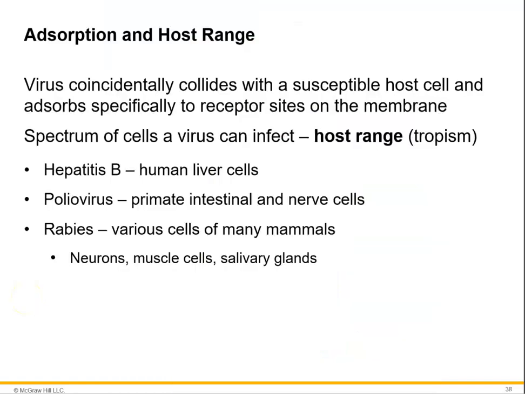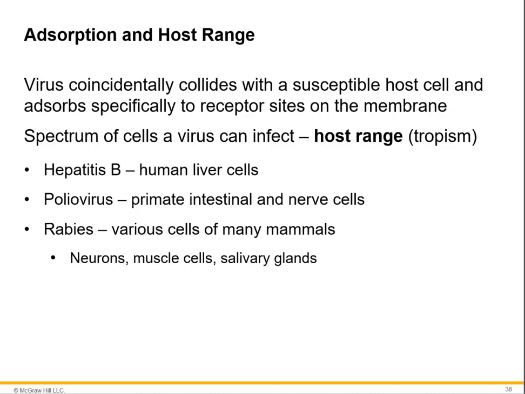Okay, so a little bit more about adsorption. This is going to happen when the virus collides with a susceptible host cell. And the receptors on that host cell are going to bind to the proteins on the virus. Now, the spectrum of cells a virus can infect is called the host range. This can also be referred to as tropism.